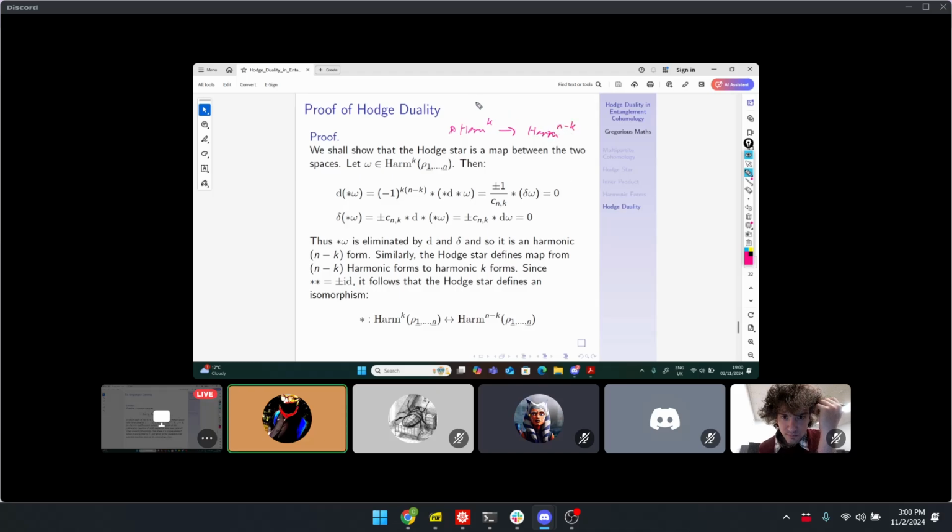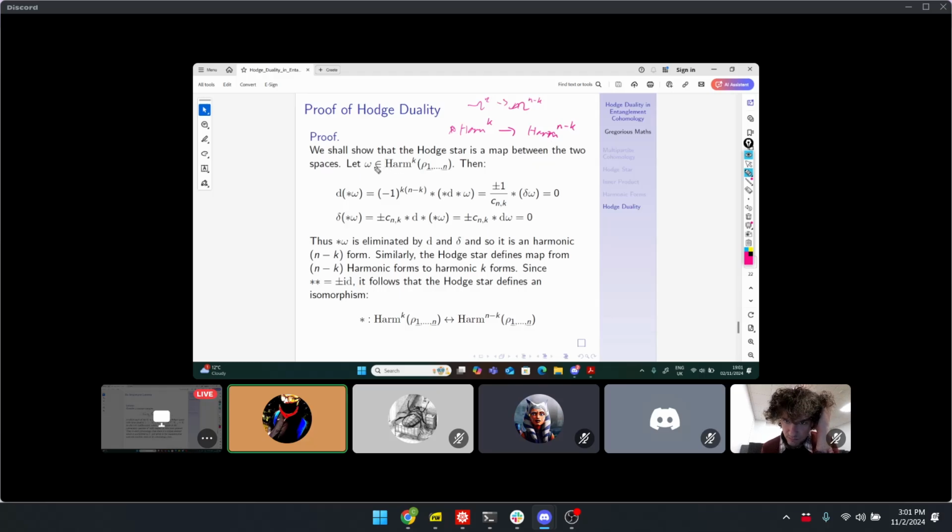Note that we know that it takes a k form to an n minus k form, but we don't necessarily know that it will take a harmonic k form to a harmonic n minus k form. So that's non-trivial, so we need to show that.